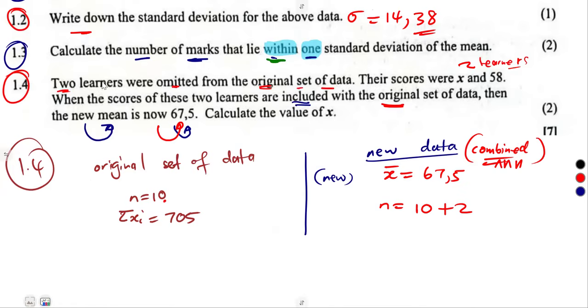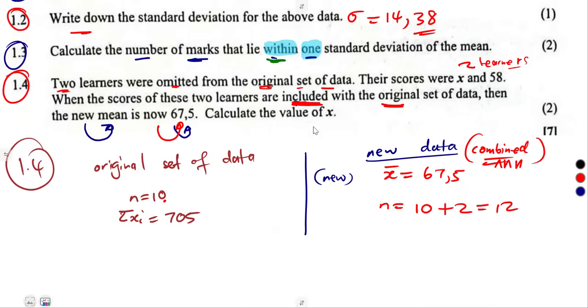When 2 were not included, we're having 10. So now we're going to take them into consideration, because the new mean of the new data is using those learners. They are now part of the set, because you're told they are now included here. So we've got 12.